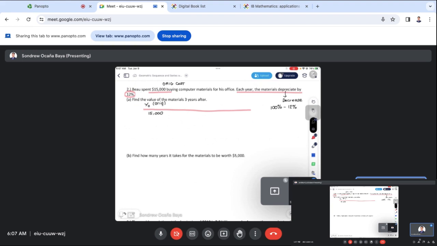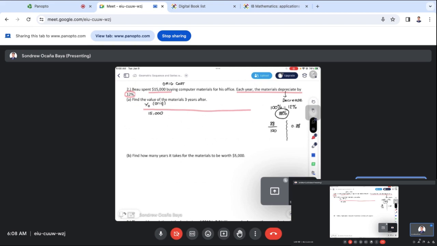That means each year, the remaining amount would now be 88%. This is now the remaining amount, and this becomes our rate. So we convert this into decimal, but if you find that difficult, you can start with a fraction, 88 over 100, which could just be written as 0.88. This becomes our rate.